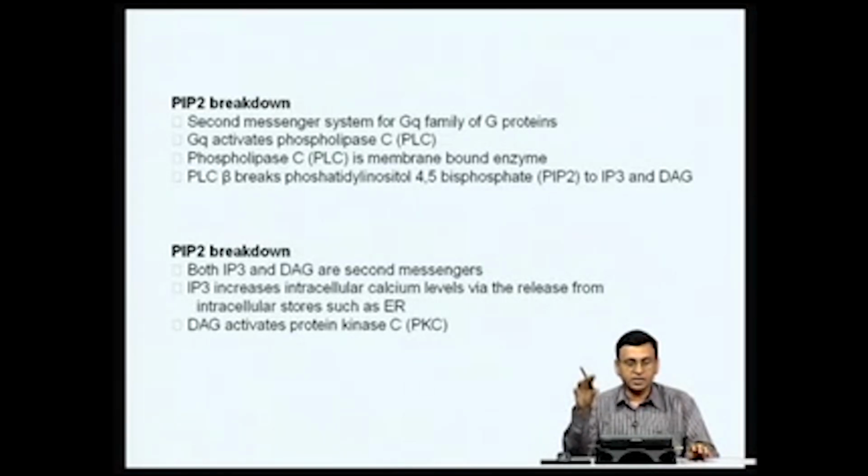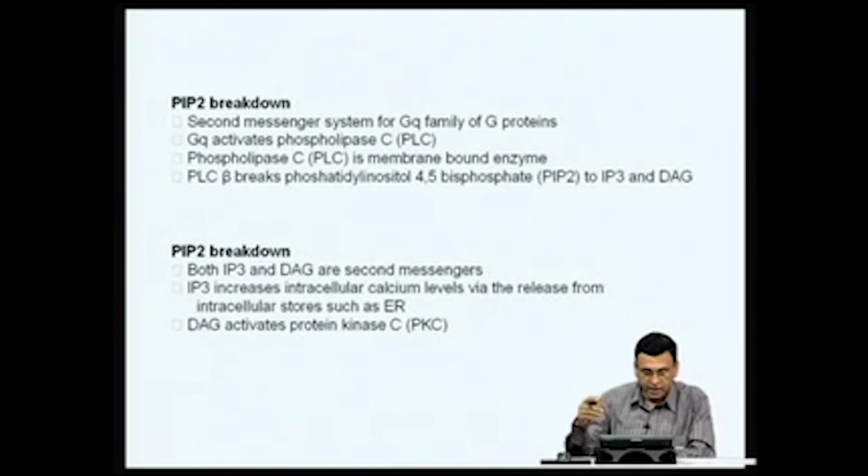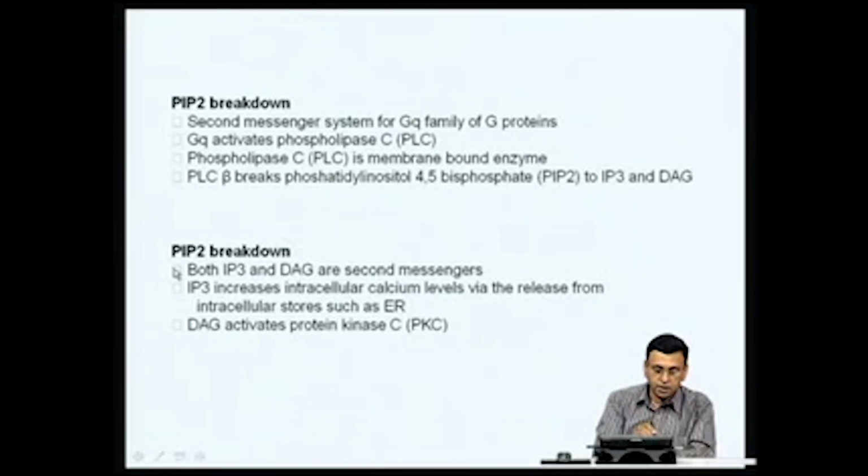Another set of G proteins, whose alpha subunit is called GQ, interacts with phospholipase C, resulting in the breakdown of phosphatidylinositol bisphosphate into inositol triphosphate and diacylglycerol, which again act as very important signaling molecules. Now, the point that we would like to emphasize is that the breakdown of phosphatidylinositol bisphosphate results in generation of IP3 and diacylglycerol, both of which act as second messengers, while inositol triphosphate increases intracellular levels of calcium, resulting in release from intracellular sources such as the endoplasmic reticulum.